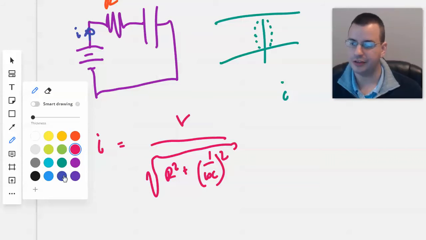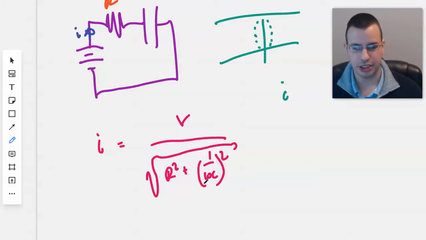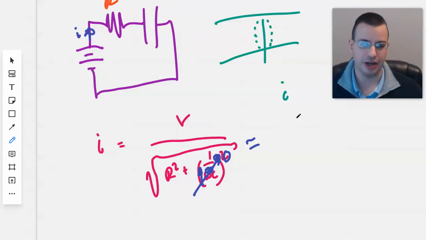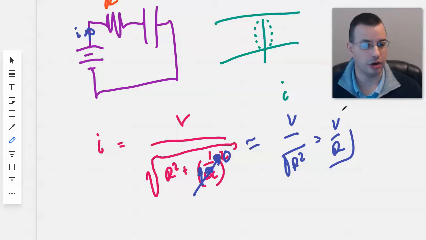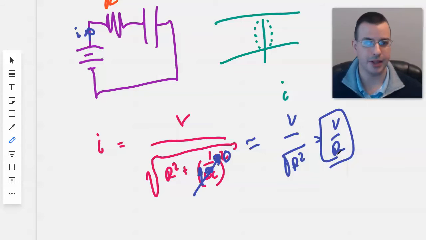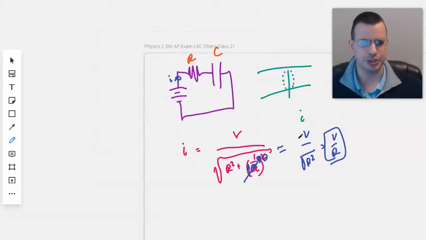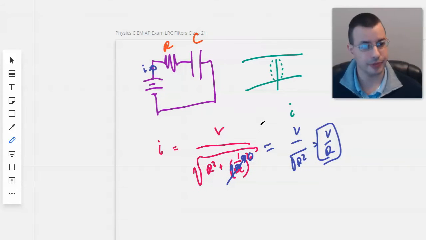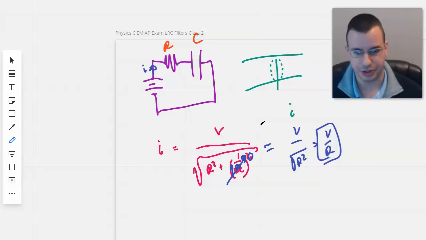Well, if the frequency is really high, then this denominator goes really high up towards infinity. 1 over infinity is 0, and you're left with basically V over the square root of R squared, which is V over R. So a very high frequency is as if that capacitor wasn't even there. It's modeled as a short, which is kind of intuitive to what we were thinking before. That's the idea with capacitors.